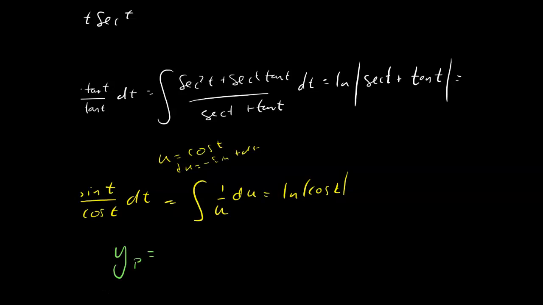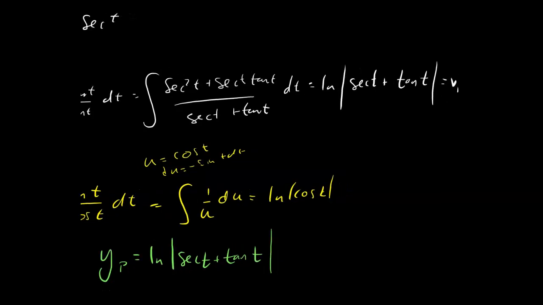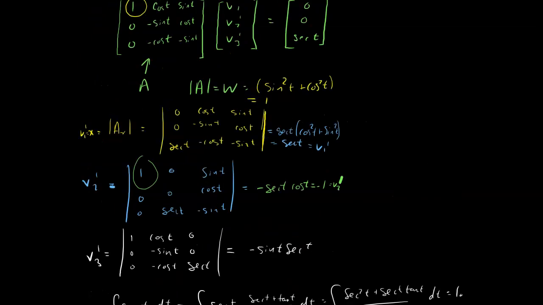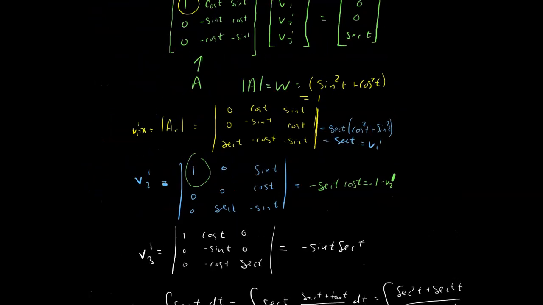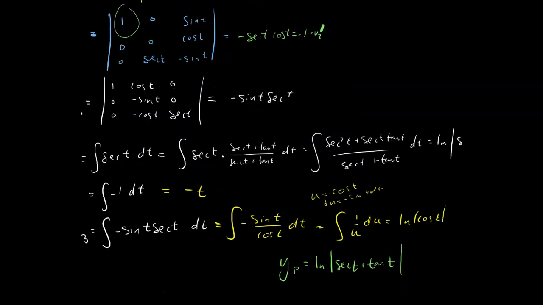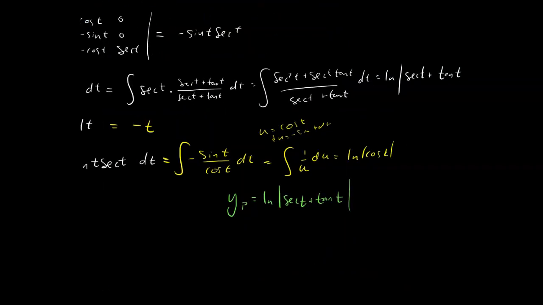So putting it all together then, my y particular was the natural log of secant t plus tangent t, that's my V1. Remember, V1, my particular guess, shows up way back up here. V1 is just by itself, so that's just hanging out. V2 will be multiplied by a cosine, and V3 by a sine. So there's V1.